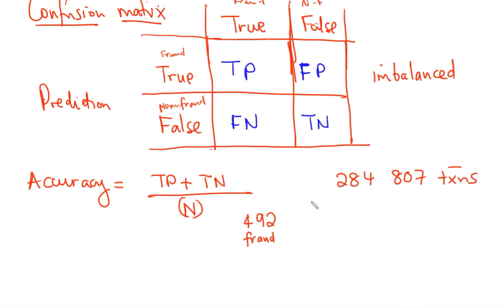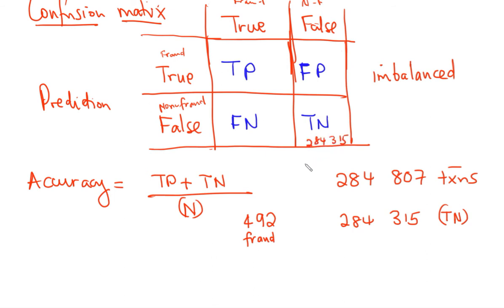But you have predicted that all of them are not fraudulent. Which means, how many have you correctly predicted? It's going to be 284,807 minus the 492, so you have correctly predicted 284,315. These are your true negatives, because you said all of them are not fraudulent.